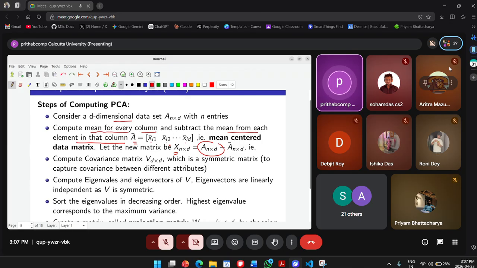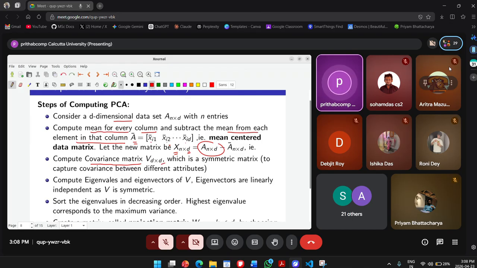So then we compute the covariance matrix. What is the covariance matrix? It is this V, which is going to be definitely a d cross d matrix, because it holds the covariance between all possible pairs of the attributes.